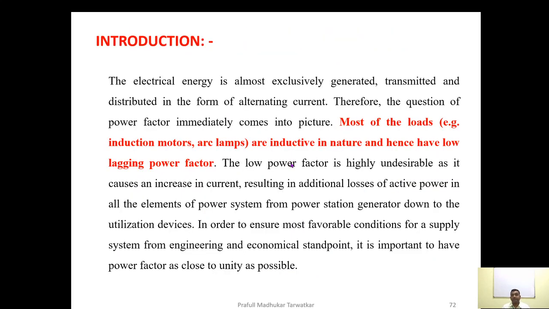Now why is the power factor so important? Most of the electrical loads in industries are inductive in nature, including induction motors, arc lamps and many others. Even the transformer is an inductive load. So they consume reactive power and hence the power factor is lagging or low.